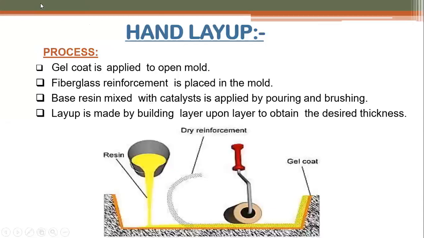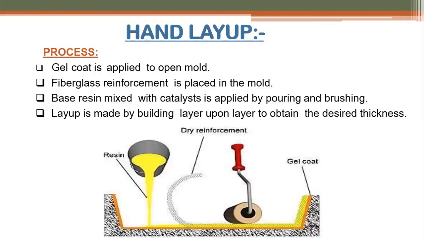First one is the hand layup. This method is generally done manually by hand, using no external machines. First of all, the gel coat is applied on the mold, and then the resin is poured onto the gel coat.